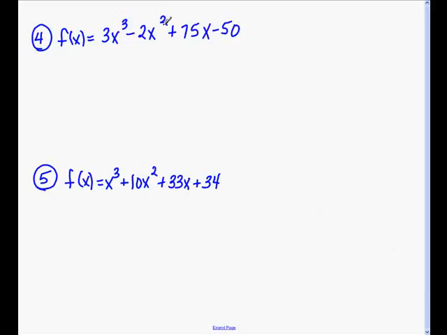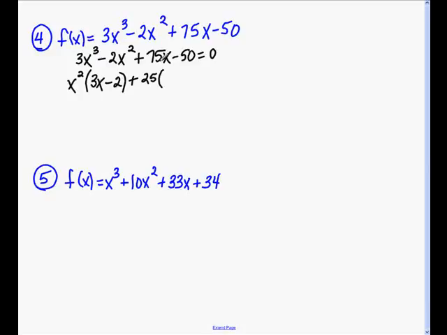Now, let me show you another example. f of x is equal to 3x cubed minus 2x squared plus 75x minus 50. So here we would factor. It looks to be factorable by grouping. There are four terms, so let's just see if that works. So if we set 3x cubed minus 2x squared plus 75x minus 50 equal to 0, if we group the first two, there's an x squared in common, and that would leave a 3x minus 2.